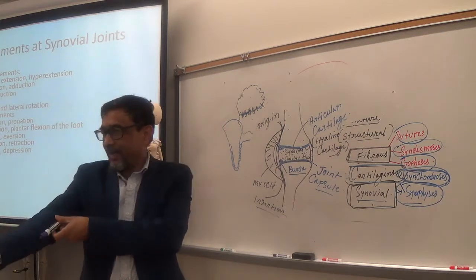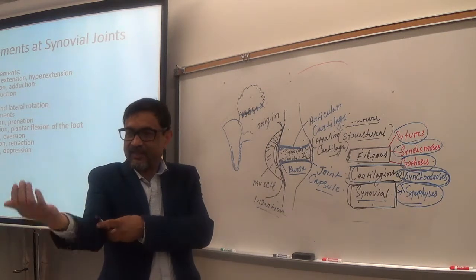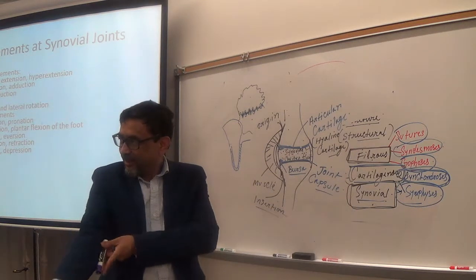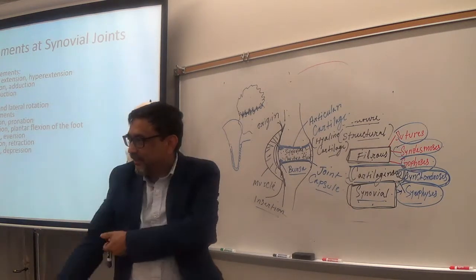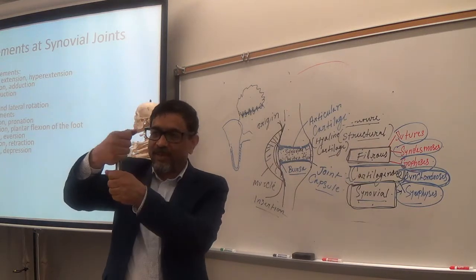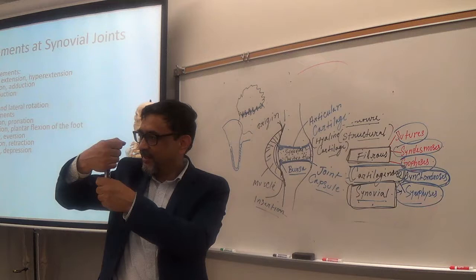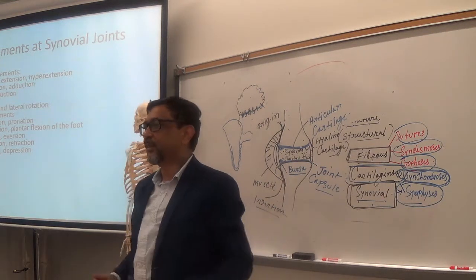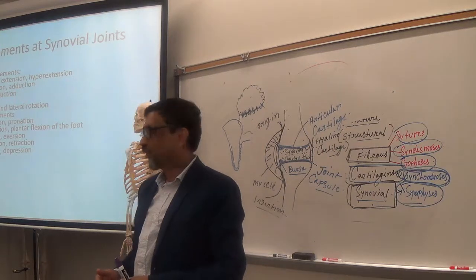In flexion, the axis changes, right? Extension, axis changes. Abduction, axis changes, right? But in case of rotation, the axis will remain like this, and around the axis, the body part will move. For example, this is called rotation.